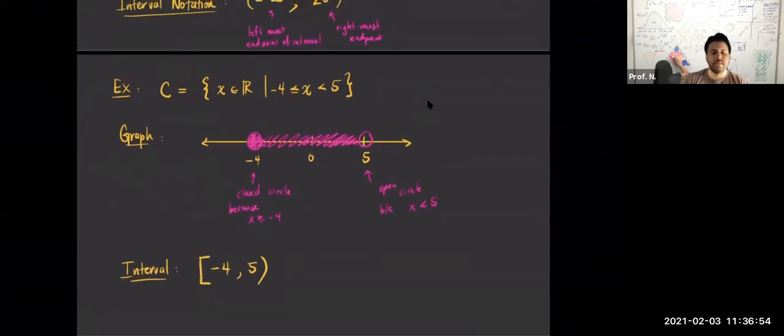A square bracket. This square bracket indicates that -4 is included. The parenthesis indicates that 5 is not included in the set.